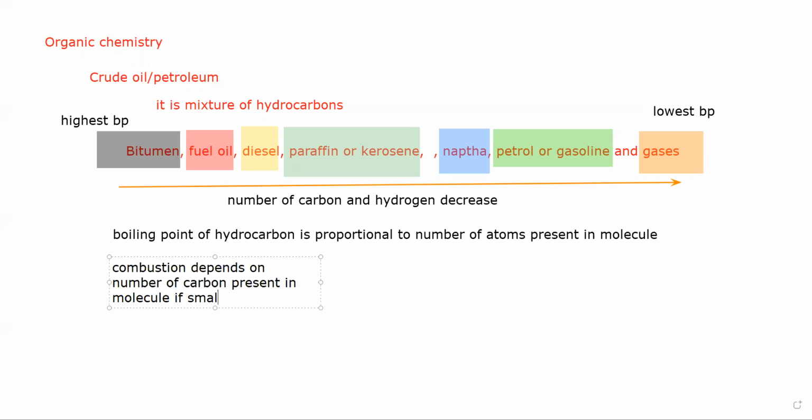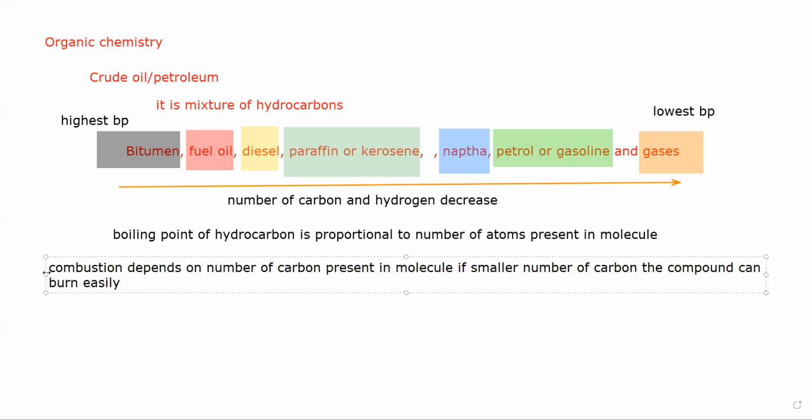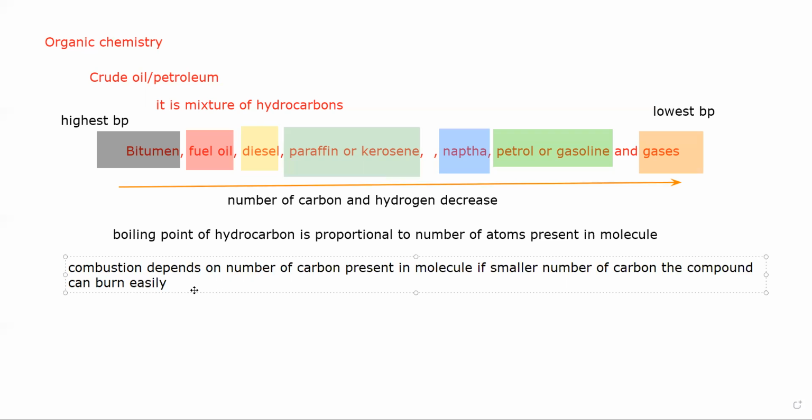If there is a smaller number of carbon atoms, the compound can burn easily. So the combustion depends on the number of carbon atoms present in a molecule. If we have a small number of carbon atoms, the compound can burn easily, like a complete combustion. If there are a greater number of carbon atoms, then likely incomplete combustion.